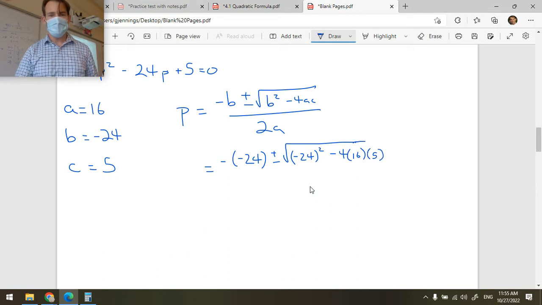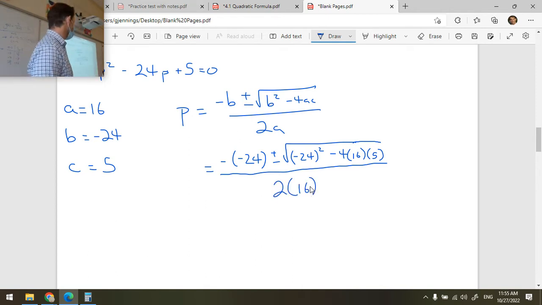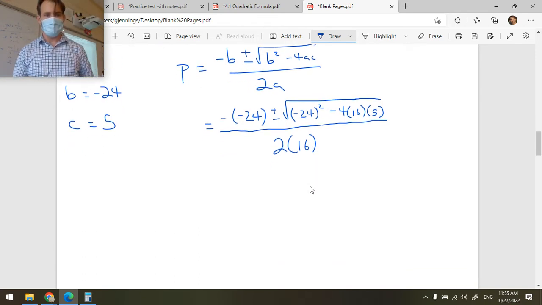Make sure you extend this so it's clear I'm taking the square root of all that. Put all of it, the front and the back part, all over 2a, which is 2 times 16. Notice I've substituted carefully and into brackets every time. That will help me avoid errors, and sign errors particularly are going to be very common with the quadratic formula. This unit will be a lot of paying attention and not making mistakes.